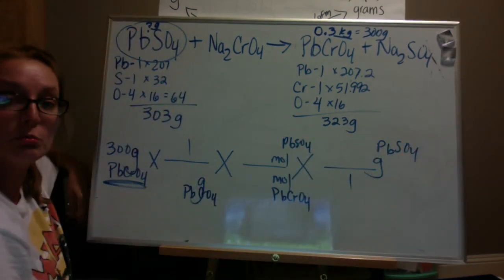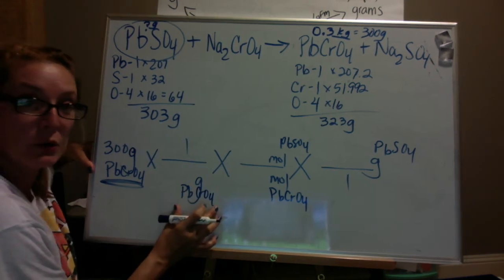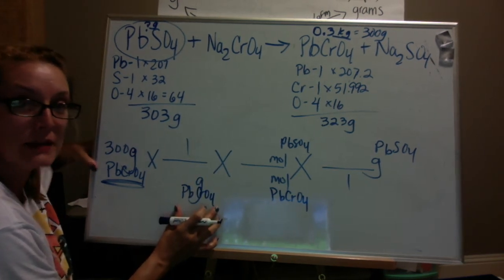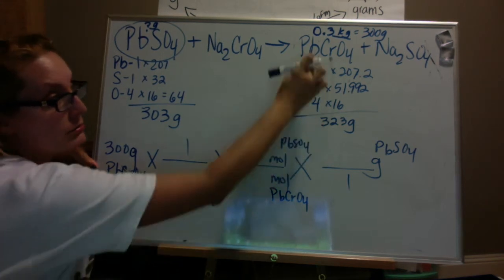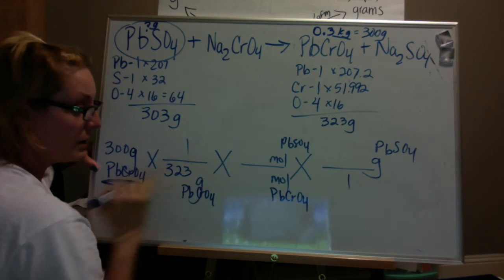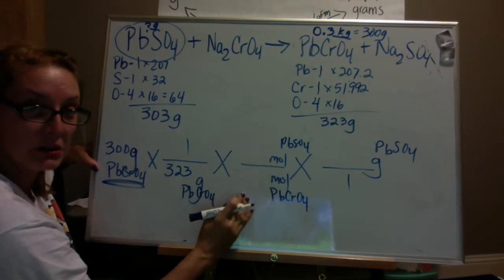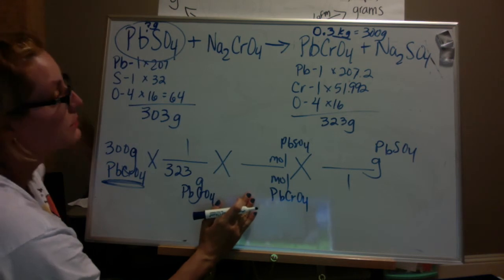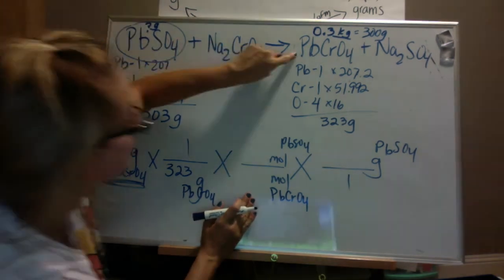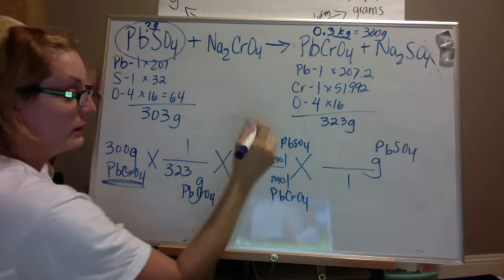And now I go through and plug in my numbers. The gram amount for PbCrO4 is what I calculated, the gram formula mass. So I'm going to plug this number in right here, 323. Both of my mole amounts, remember this is your mole ratio step, come from coefficients. So my coefficients for every single part in my formula are 1.